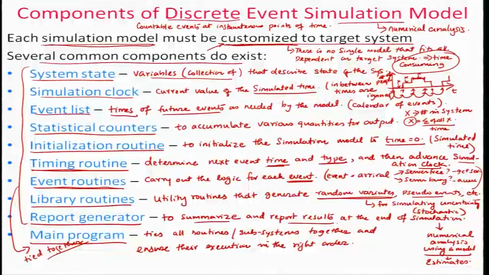So, you now know that the simulation software is not a simple software anymore. It is actually a complicated software with various subroutines and modules, submodels and other aspects, which are all taken care of and working together with the help of a main program tied together, so that the logic of execution is important. And now, because it is a complex system, it is also very important to ensure that the model that you are building is the right model, and there is no logical flaw in this, because if you have a logical flaw, then your simulation output will also be in trouble.